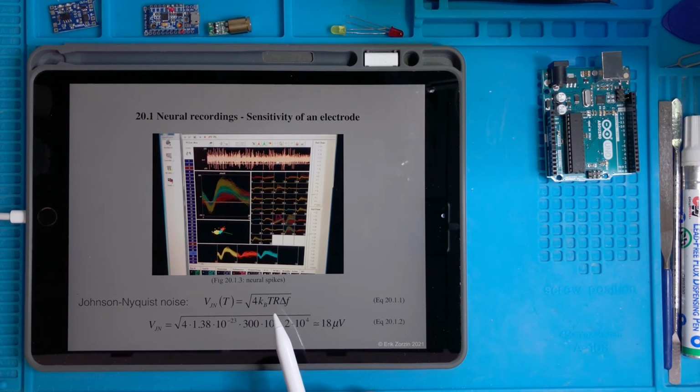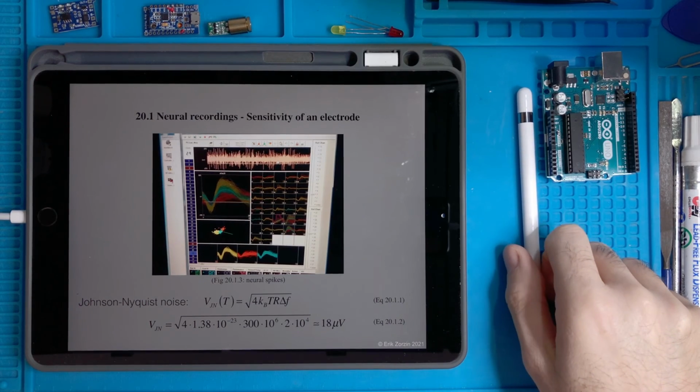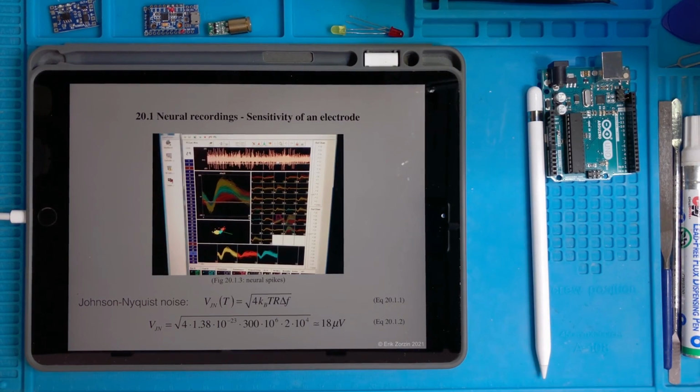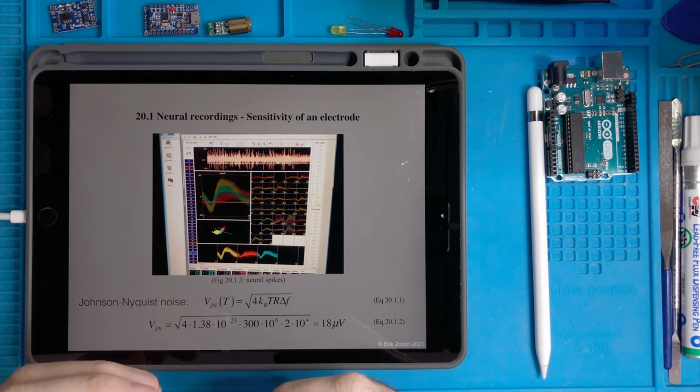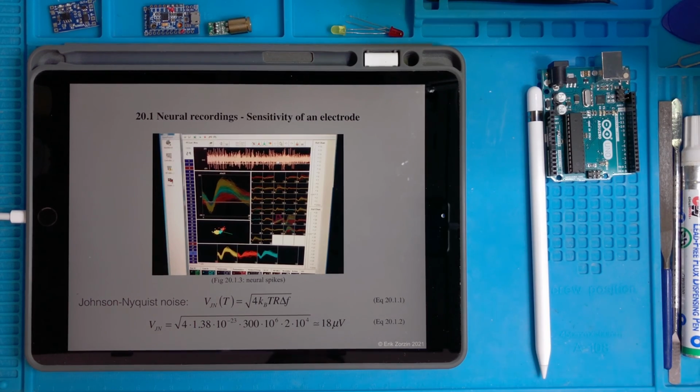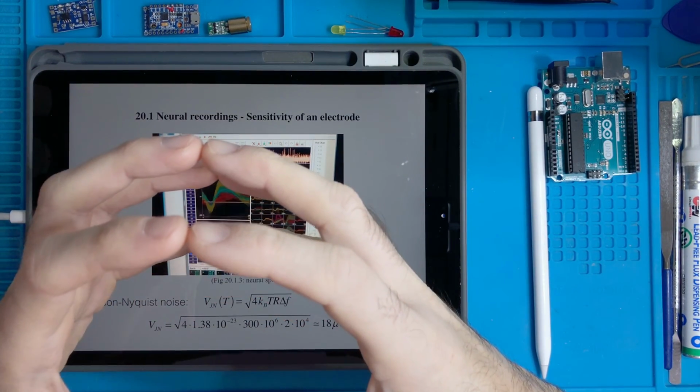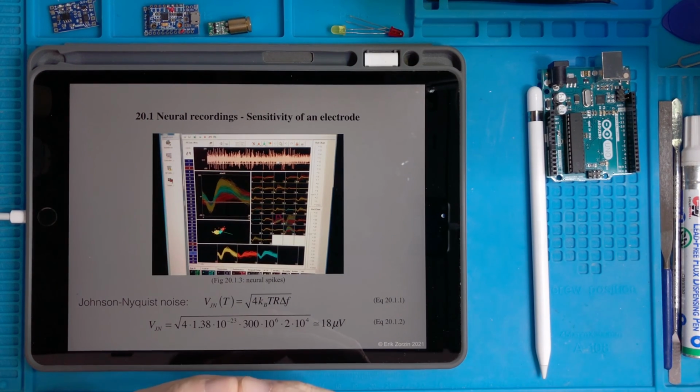You see that the lower the resistance of the electrode, the lower the noise. It means that if you have an electrode with a very low resistance, in principle it has very low noise, and therefore it can capture weak signals. So this is how you tune the range of sensitivity of an electrode, by tuning its impedance according to the Johnson-Nyquist noise, which is there because of thermal instabilities of the electrons.